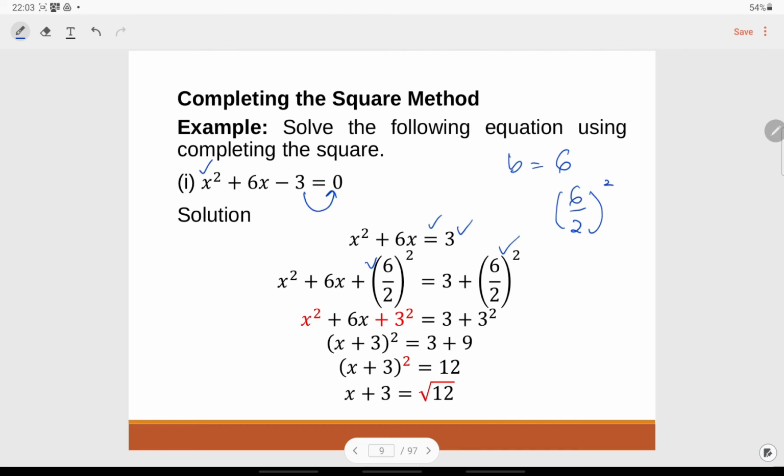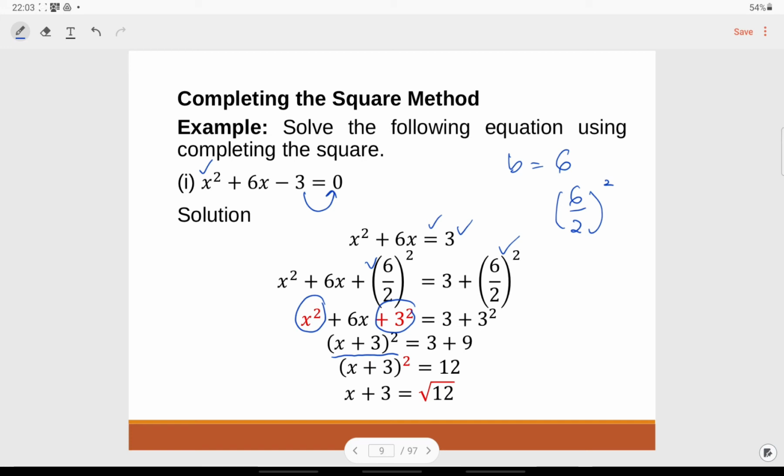So we simplify the fraction. It becomes 3 squared. At the left hand side, we have x squared plus 3 squared, which can be combined together, and becomes the complete square (x + 3) squared.